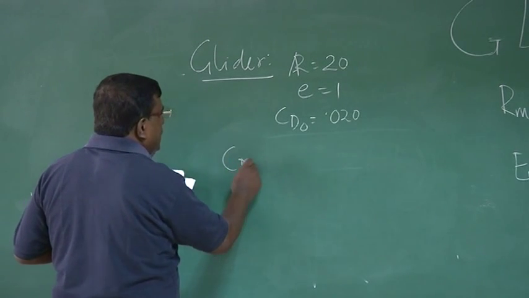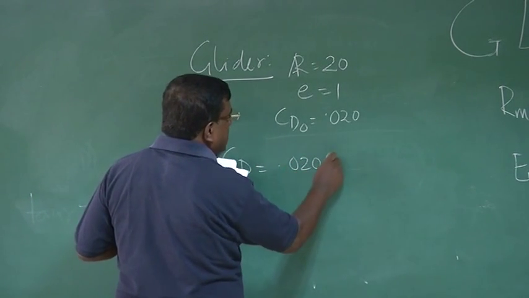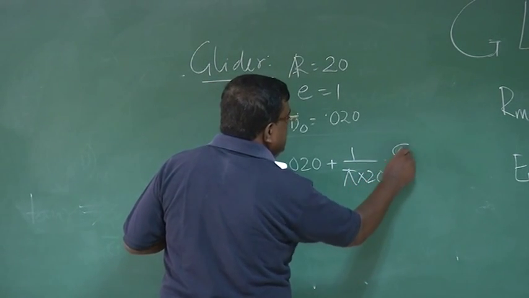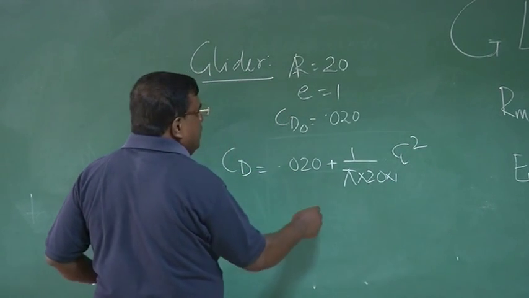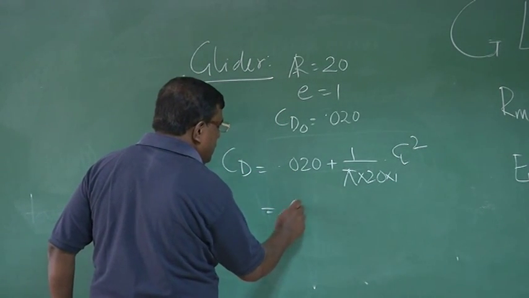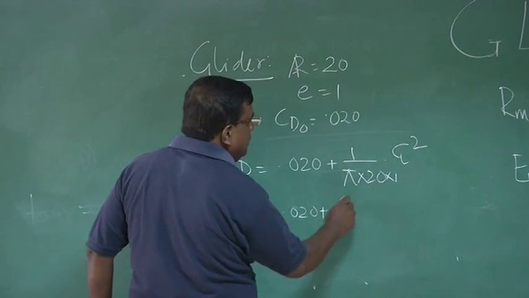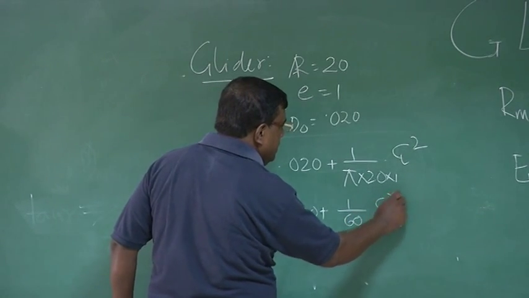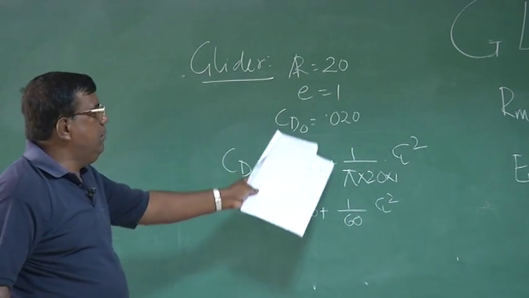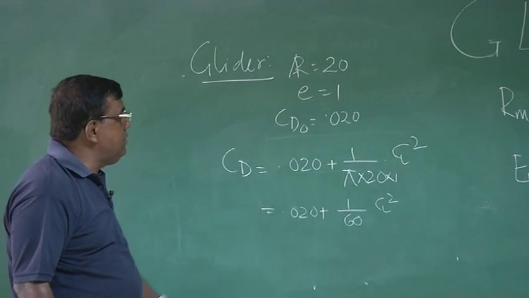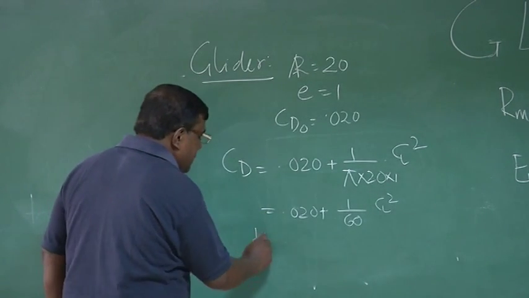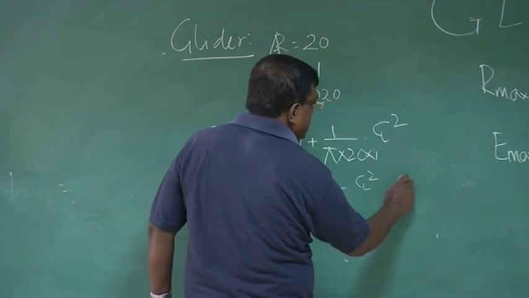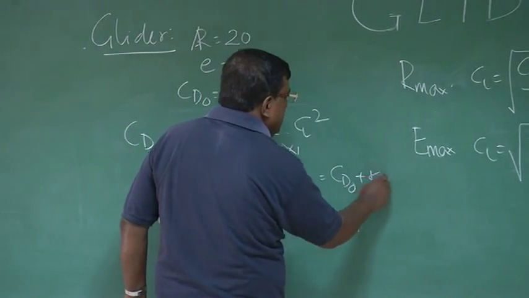So if I write the drag polar, it is 0.020 plus 1 by pi times aspect ratio 20 into E, CL square, and this value is roughly 0.020 plus 1 by roughly 60 CL square. This is a very rough value. 1 by 3.1416 into 20, so 1 by 60. So what is the value of K? K is 1 by 60 approximately, because CD naught plus K CL square.